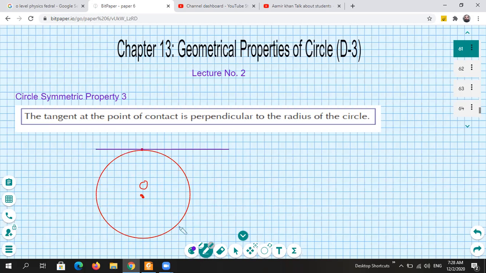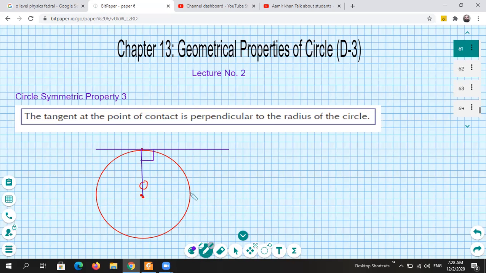Then the angle between this tangent at this point and the radius, this is the radius, will be equal to 90 degrees. These two lines, the first one is the radius and the second one is the tangent at this point, are perpendicular, or they make a 90-degree angle. It's always so at any point.